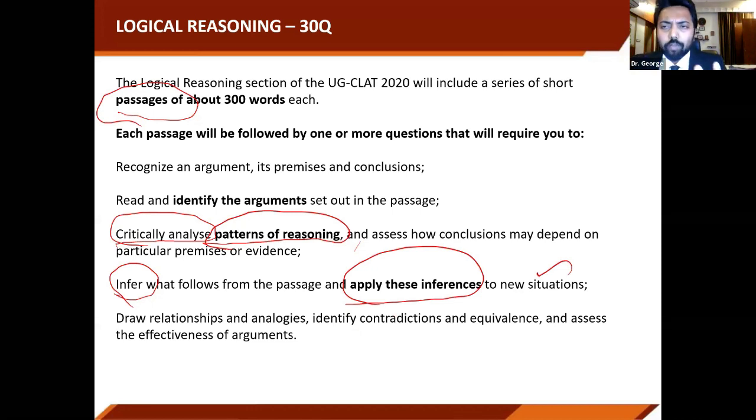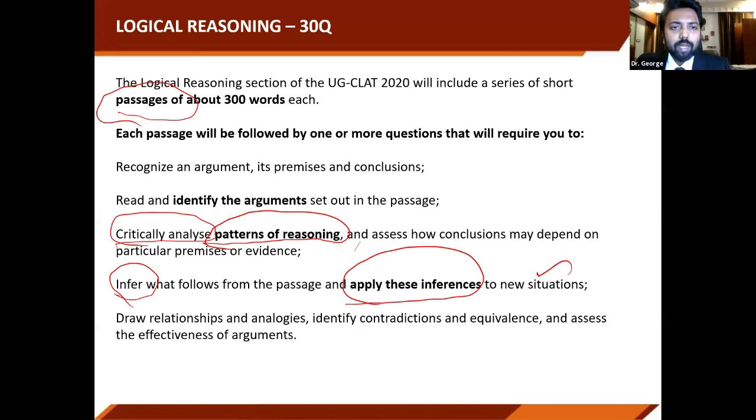So basically, if you look at last year's question paper, you'll understand that apart from asking you what the main idea of the passage is, they'll also try to understand assertions, statements and assumptions that will be asked as part of the questions.